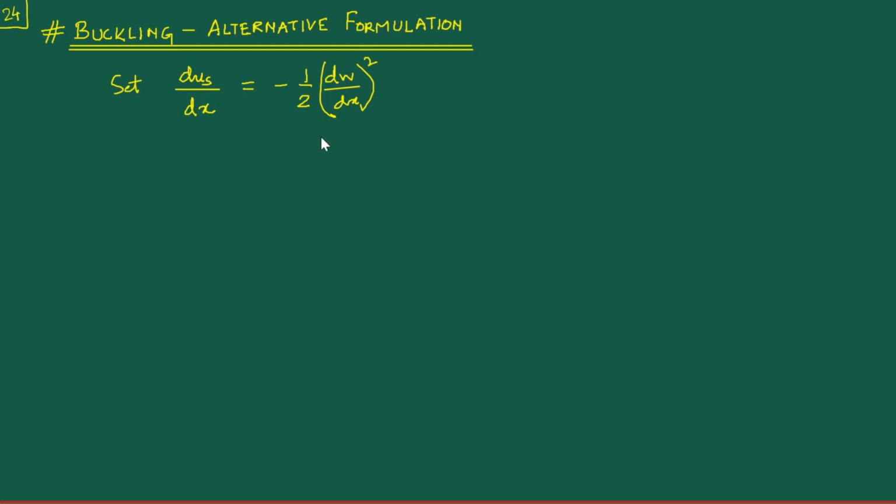Because if it doesn't give me anything useful, then there's no point in justifying it. So let me first show you the result of using this, and then I'm going to justify it. It will represent the shortening of the beam, but I'll take that up later. So I'll just write that it is to be justified later in this video itself.